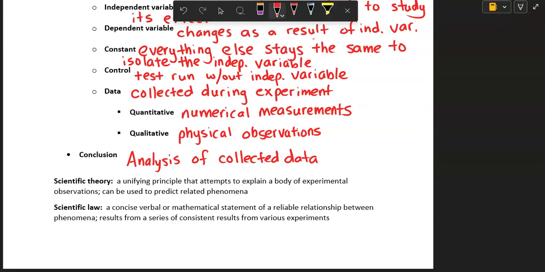So, in other words, if someone has run multiple experiments of the same thing, different scientists have run the same experiment and gotten the same results over and over and over, and it's looking like it is confirmed, then we have a scientific theory. And that theory can be used to predict related phenomena.